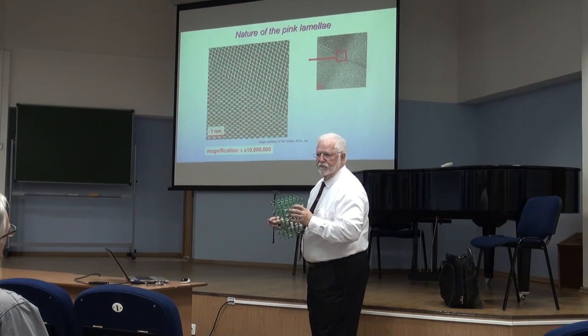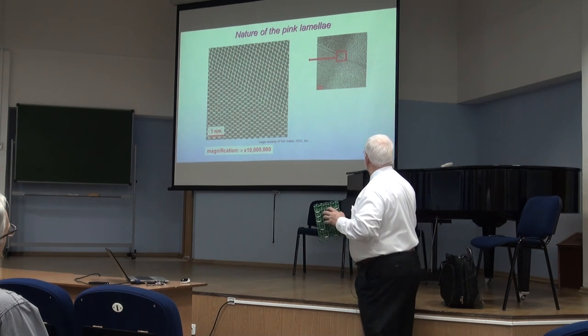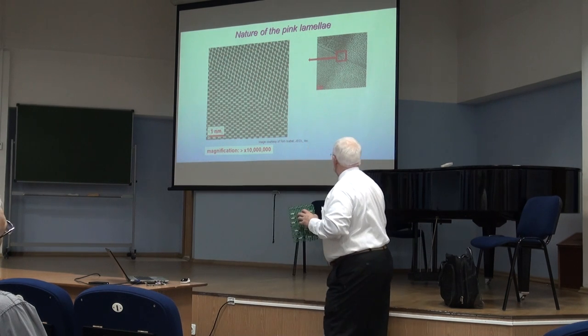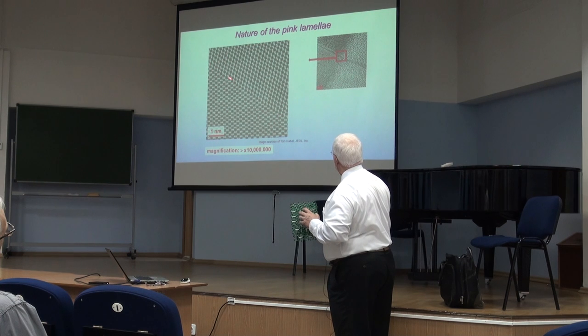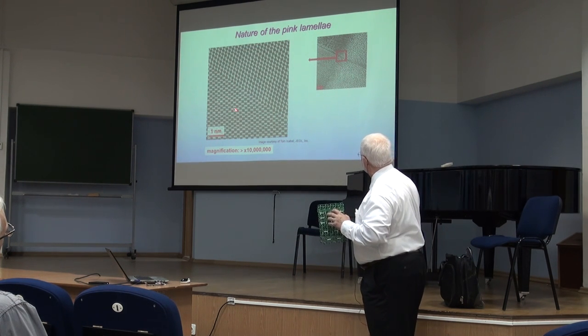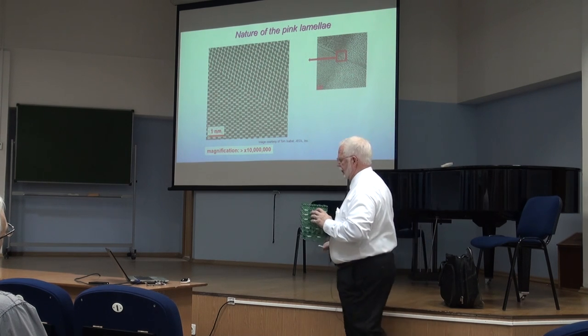This is probably the highest resolution TEM that's been made so far. And what it shows, to get to the main thing, is this little line here. This line is a twin plane. So we have one diamond crystal here, and the lattice is rotated here through another diamond crystal. This is called the sigma-3 twin plane.